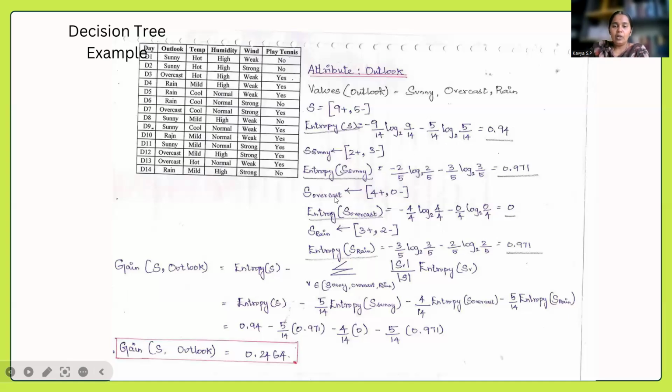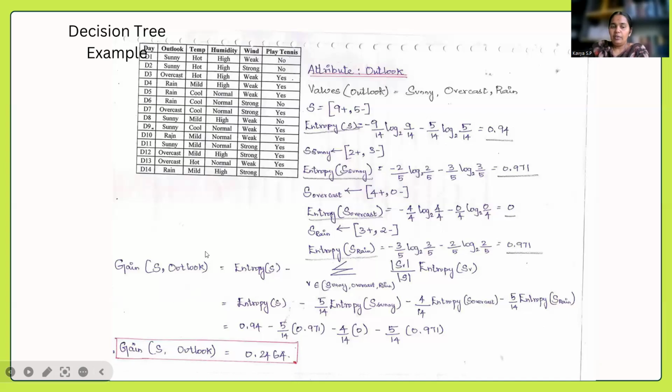Out of all the overcast days, on 4 days I play tennis, and I'm not playing tennis on any day. So the entropy of overcast will be 0. Similarly, on a rainy day, playing tennis is 3 and not playing tennis is 2. So the entropy is 0.917.